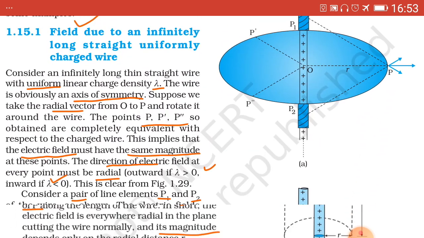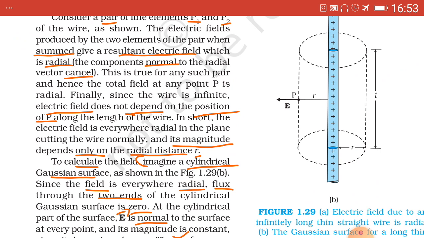Now we consider another example with the help of second figure, B figure.